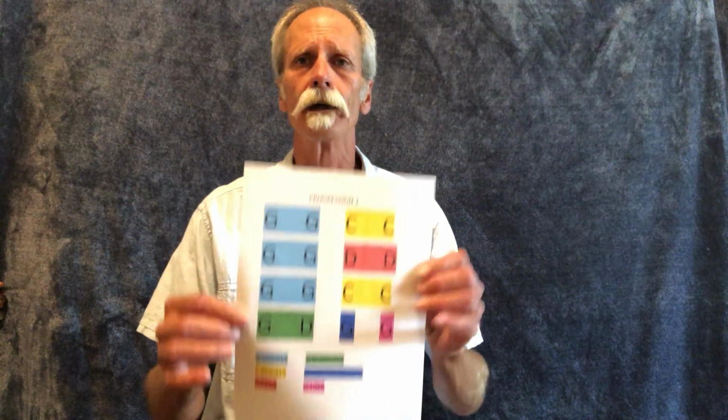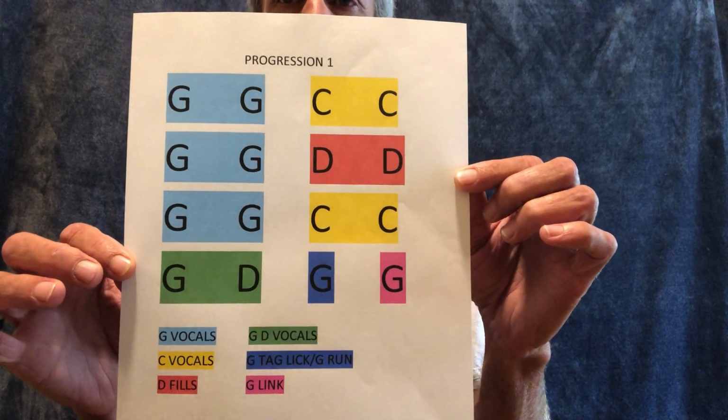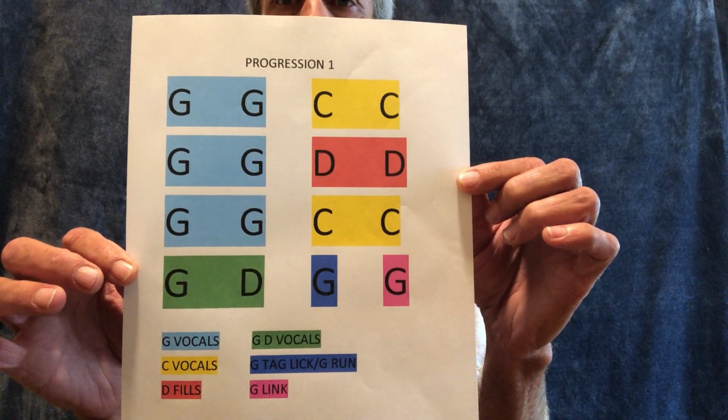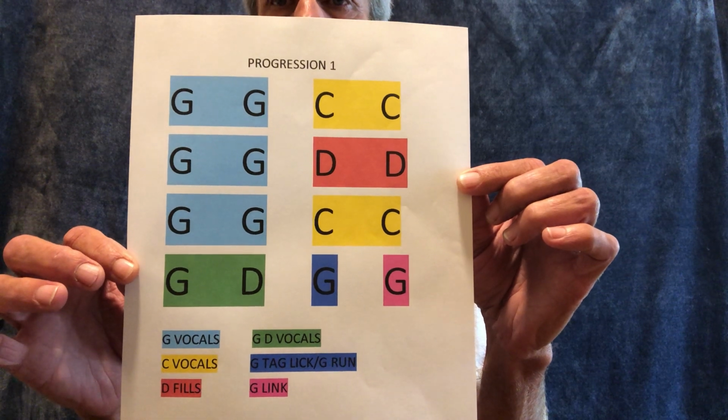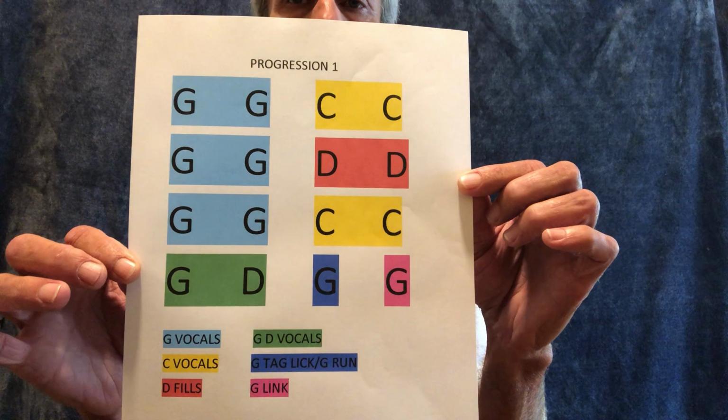At the bottom of the page, there's a link to these 4 chord progressions and how they're broken up. So we're going to take a look at chord progression 1, and you can see it's 2 G's, 2 C's, 2 G's, 2 D's, 2 G's, 2 C's, G, D, then 2 G's.